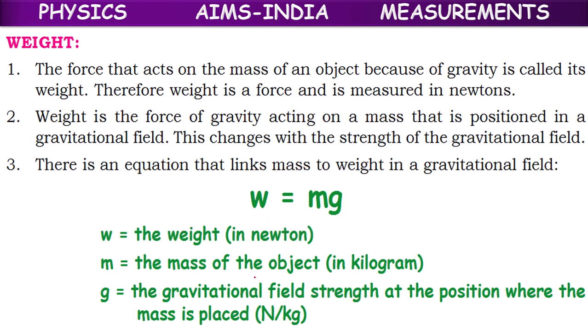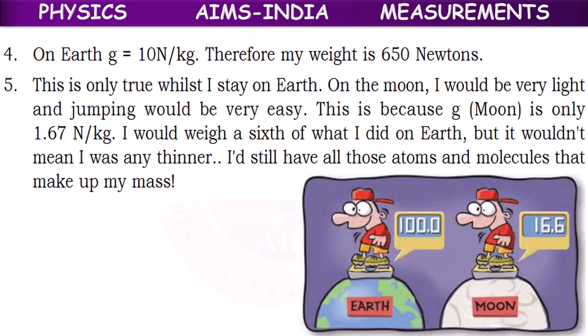Okay. So the formula for weight is W equals mg, where m is mass and g is acceleration due to gravity. On Earth, the g value is 10 newtons per kg, or approximately 9.8 newtons per kg.